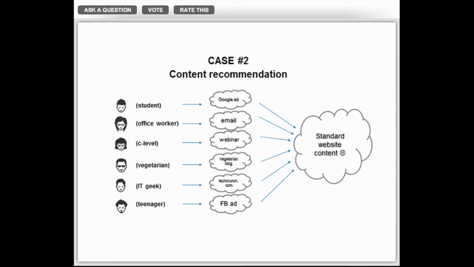But what do you do then? You put them all to a standard website with a standard content. So why did you spend so much time and money for targeting them differently?